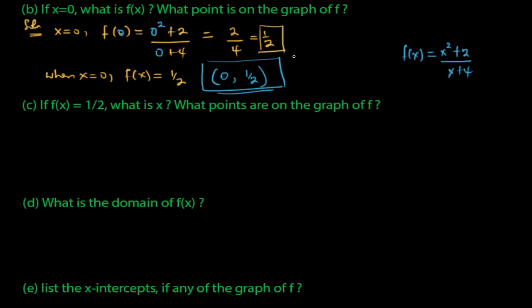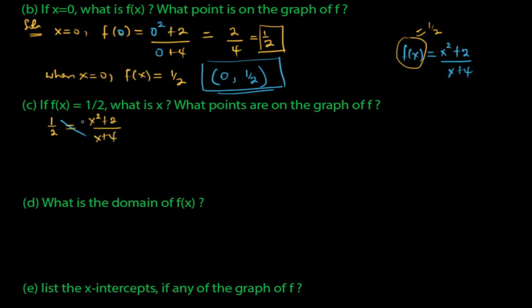We'll use this as a reference instead of scrolling the whole thing up. If f of x equals half, then we are told to find x. So let's make the substitution: half equals x squared plus 2 divided by x plus 4.